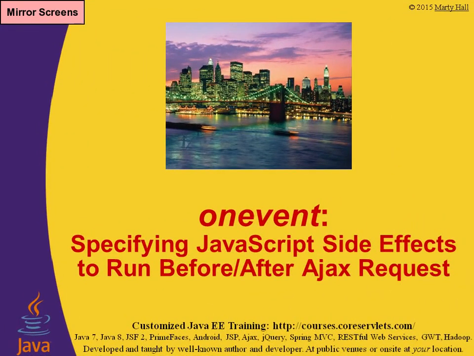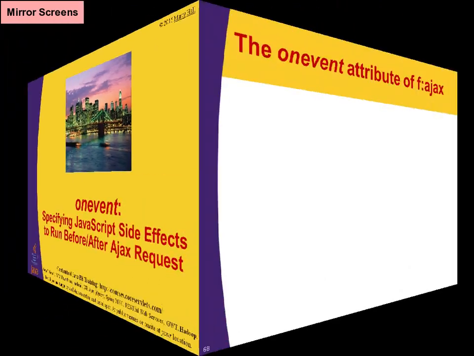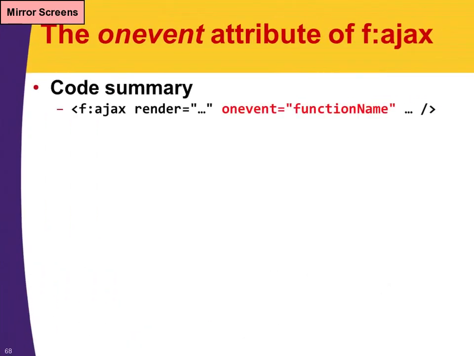The last thing is this on event. What this does is it gives you a hook into the actual Ajax call itself. Now you remember I showed you two times ago some vanilla JavaScript that showed you exactly what was happening underneath with Ajax, which nowadays you don't have to care about because it's hidden by other libraries like the JSF.js library here, or by jQuery, which also hides all of the details.